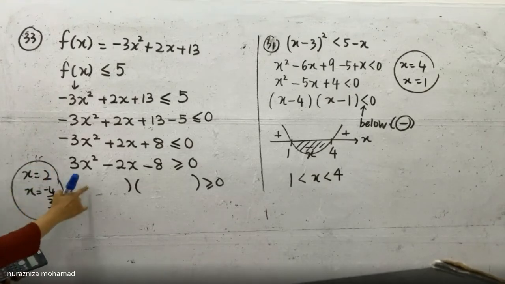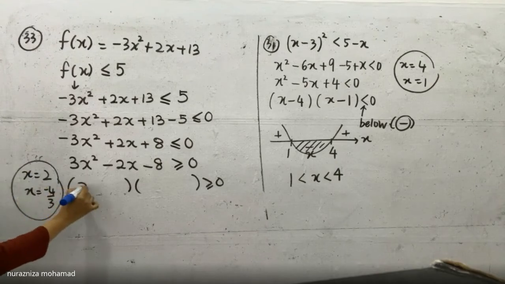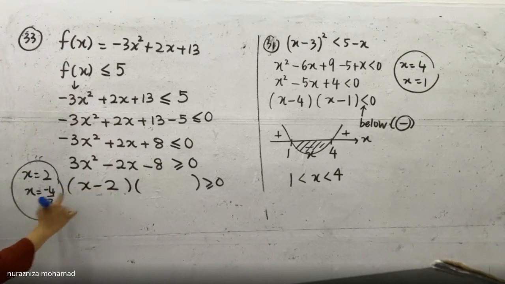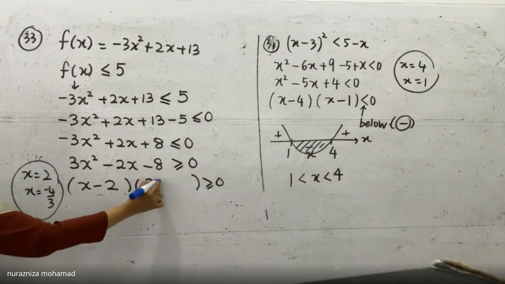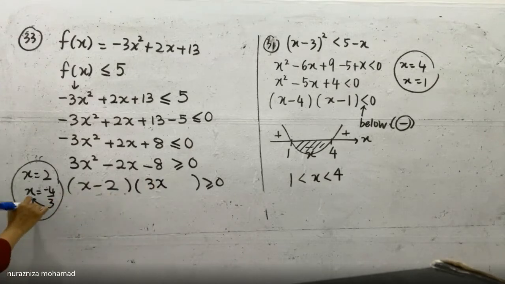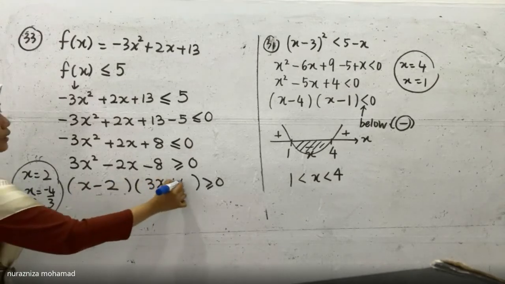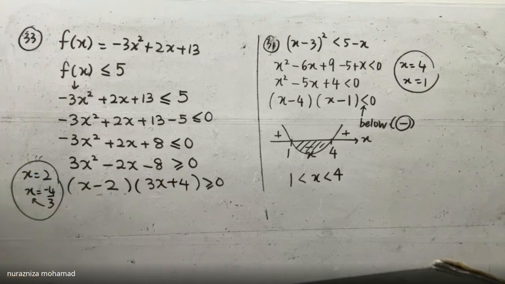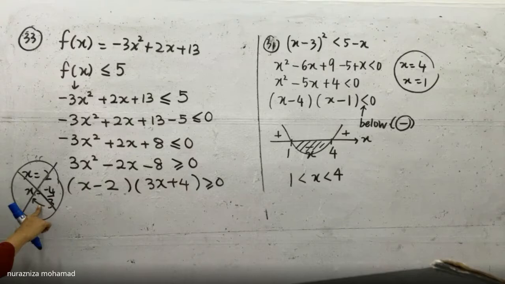Okay, now fill in the bracket. So this one will be x minus 2. This one will be 3x plus 4. Negative 4 will be plus 4. Okay, now this is not the answer. This is only your guidance.